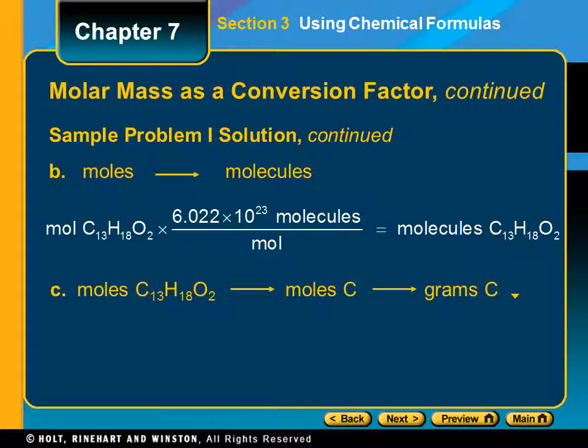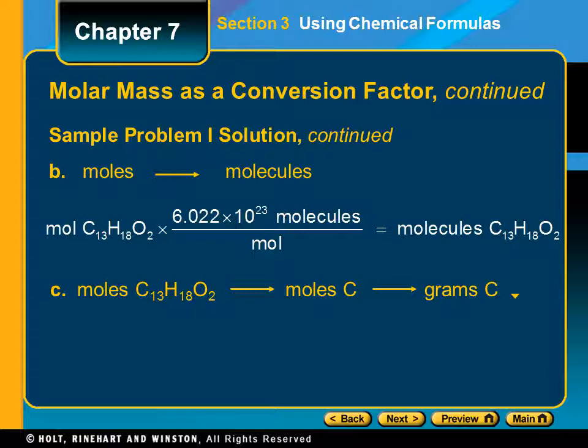In B, you want to go from moles to molecules, right? So you start with your moles. You're going to multiply by the conversion factor for molecules, which is 6.022 times 10 to the 23. That's Avogadro's number. It's always the number of things in a mole. Right now you're talking about moles of molecules, but the number stays the same. And you do that, and it's going to give you a number of molecules.